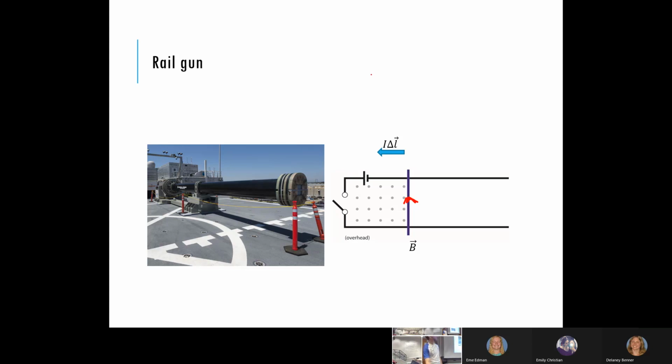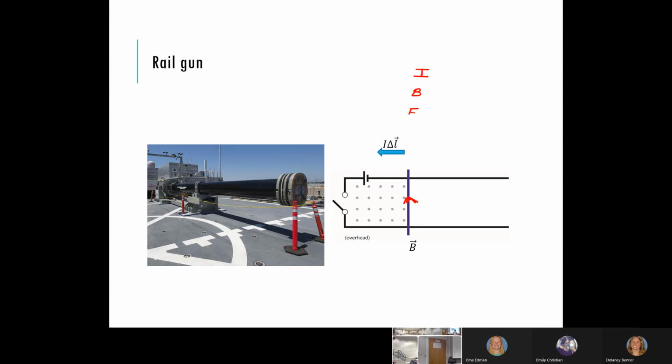How do I get the direction of the force? Right hand rule. Run your fingers in the direction of the current. Point your palm in the direction of the magnetic field. Your thumb will give you the direction of the force.